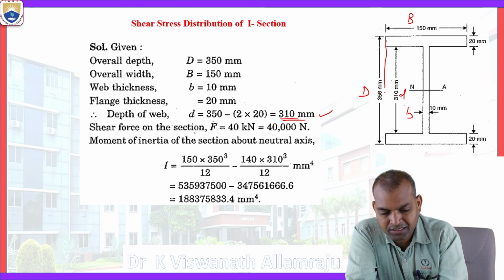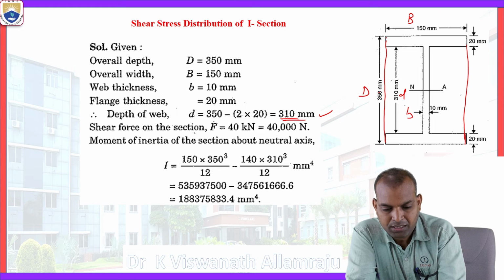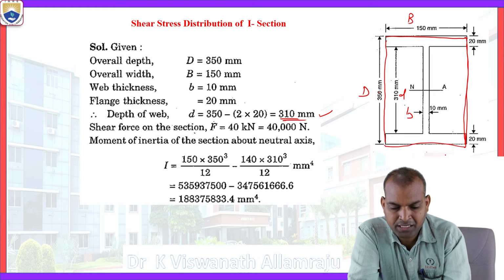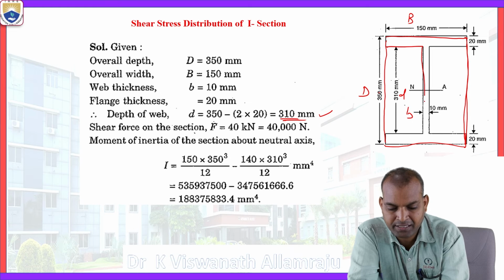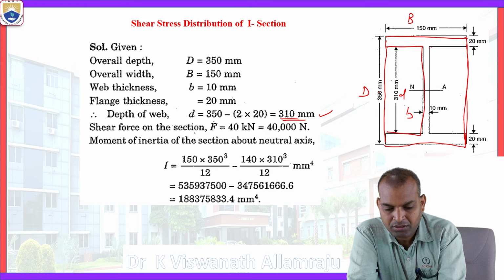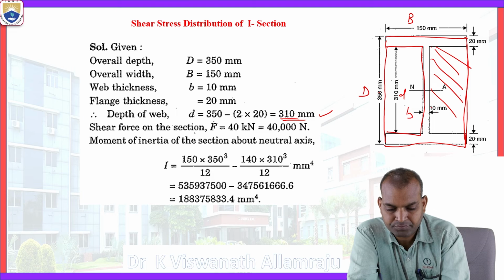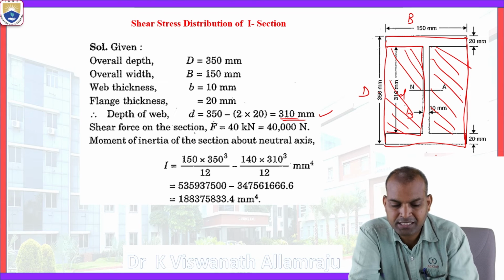Consider here, we considered this as a completely closed section. This is one rectangle minus 2 times small rectangles, this zone. Then we will get the I section.